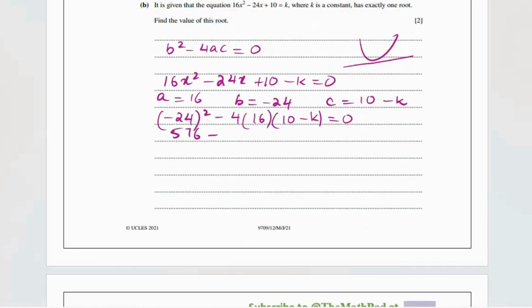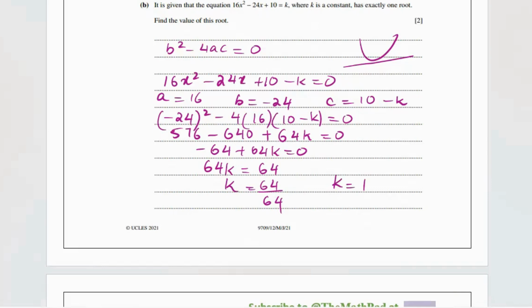Then we do 4 times 16 times 10, 640, and plus 64k. 576 minus 640 is negative 64. We take the negative 64 to the other side, so 64k equals 64. k is equal to 64 divided by 64, and that is k equals 1. That is your answer.